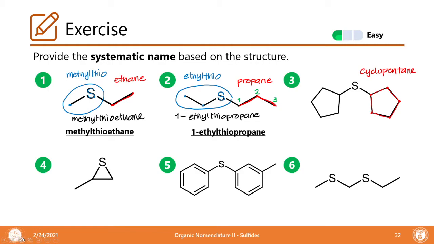Then let's look at the substituent. We have here 5 carbons, cyclopentyl, and then connected by a sulfur atom, cyclopentyl thio.